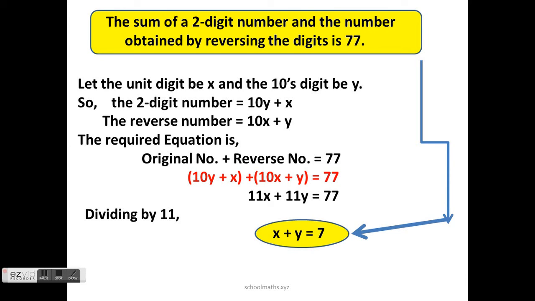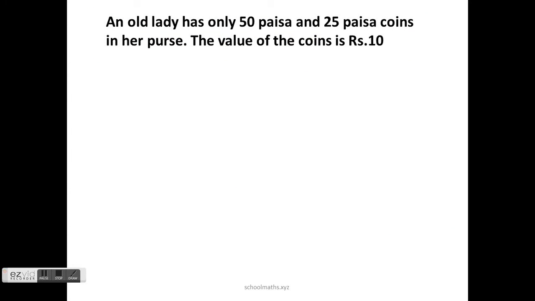Next, an old lady has 50 paise coins and 25 paise coins in her purse. Only two types of coins, 50 paise and 25 paise. The total value of the coins is rupees 10. Let us see how to form the equation.